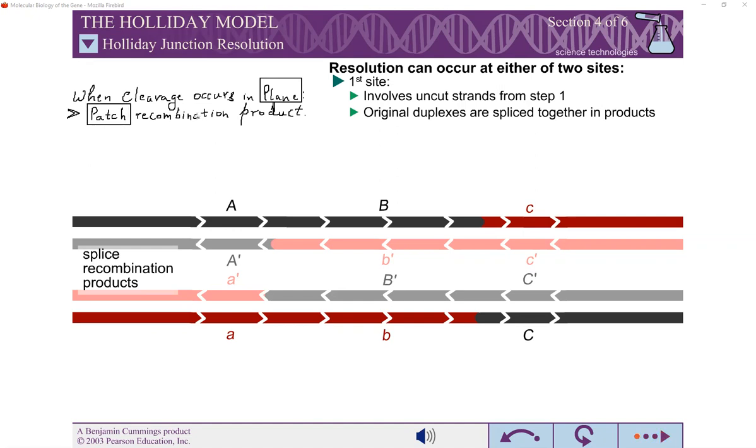recombination product. When the cleavage is going to occur at 90-degree, then it will lead to the formation of the splice recombination product.